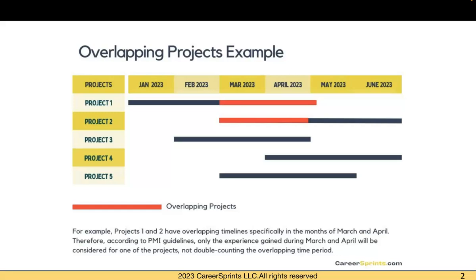So what PMI would do is that for project 1, they may just consider January to April, and for project 2, they will only consider the month of May and June. So they will cut out the months of March and April. So that is basically the overlapping experience that project 2 has with project 1, and those months are going to be cut out. So this is the primary difference.